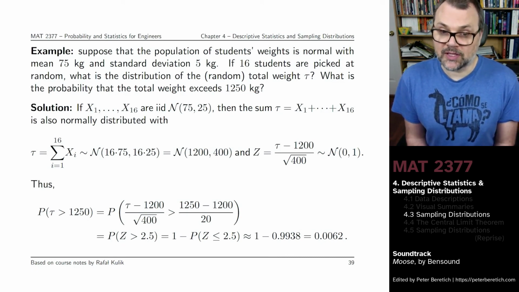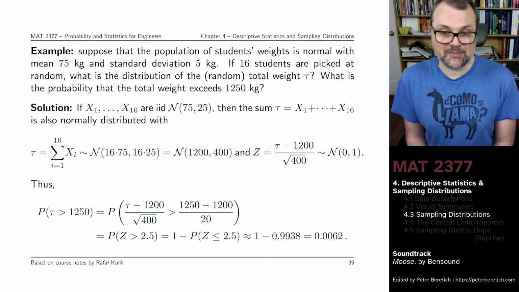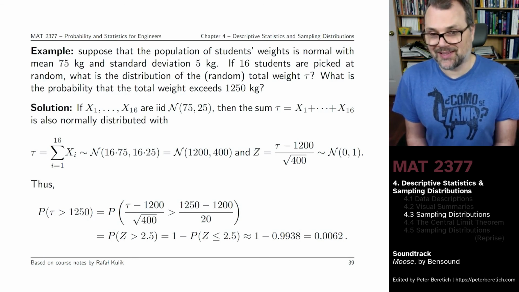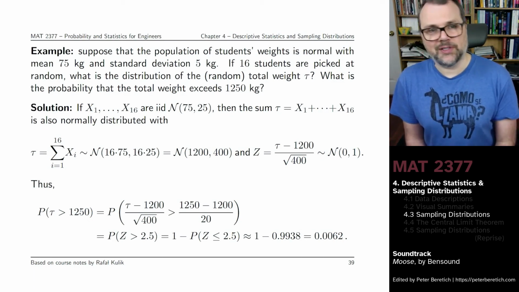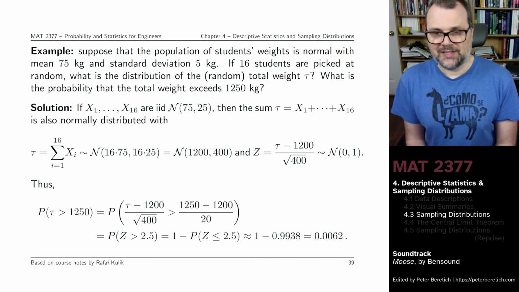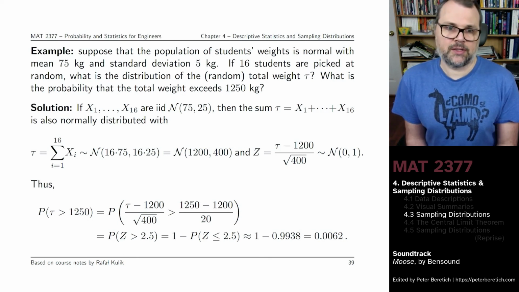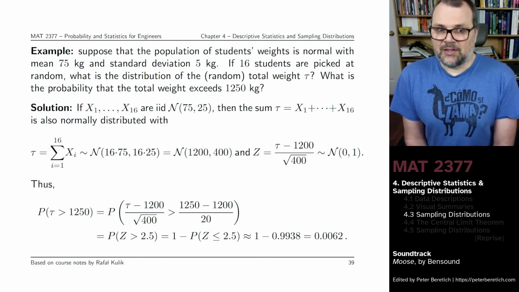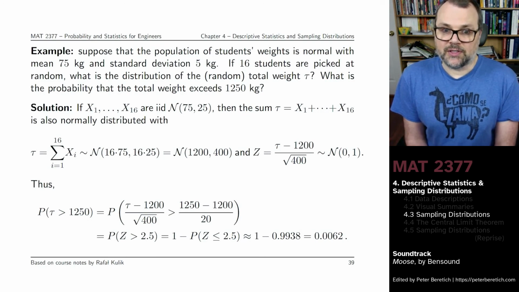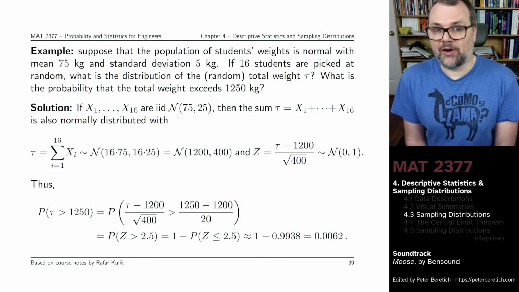If you use a table, that's 1 minus the probability that Z is smaller than 2.5, which is basically 1 minus 0.99, some decimals, 0.0062. So there's a very, very small chance that if on average each student weighs 75 kilograms and there's a standard deviation of 5 kilograms, the total sum for these 16 students would be greater than 1250.